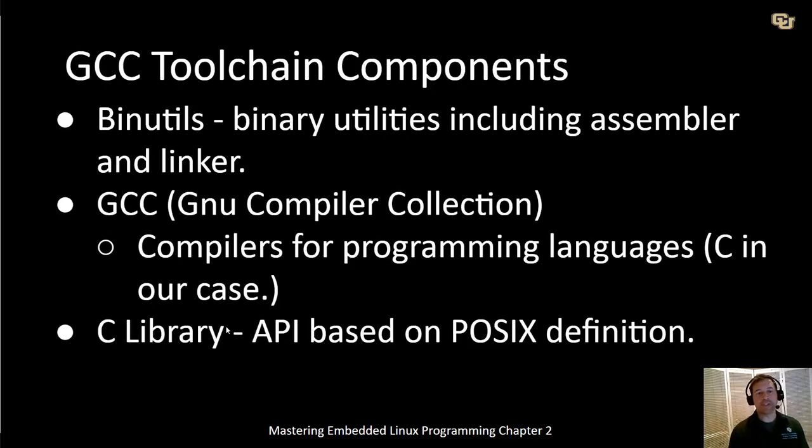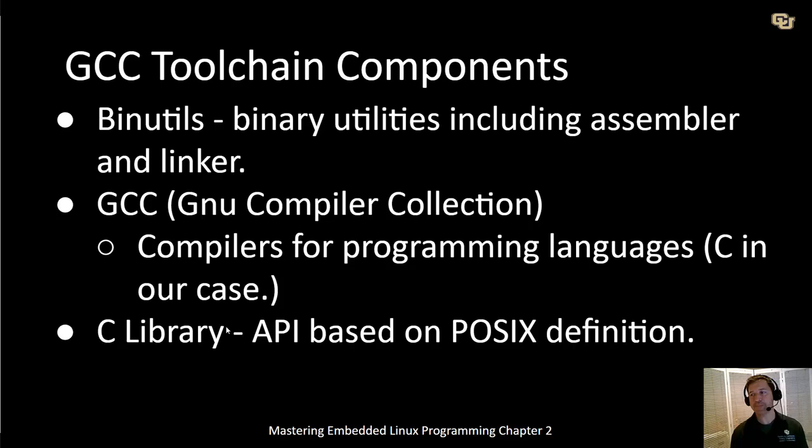Some of the components of the GCC toolchain: there's binutils, which is really the binary utilities, including the assembler and the linker, the components that make up the compiler applications. And then there's GCC itself, an abbreviation for GNU Compiler Collection. This is the compiler that supports different programming languages, and in our case, we'll be using the C version.